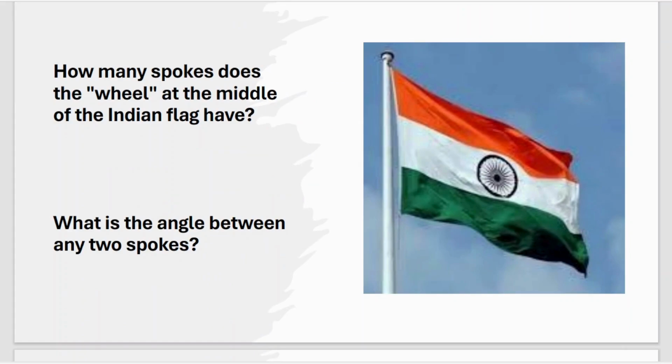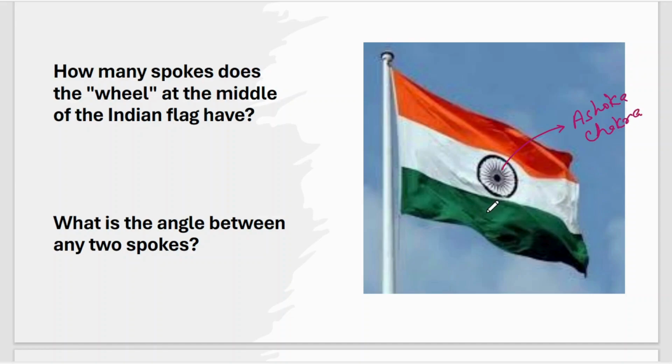Now I have a general question for you. How many spokes does the wheel in the middle of the Indian flag have? Do you know the name of this wheel that our flag contains in the middle? It is called the Ashoka Chakra. Okay, this is your Ashoka Chakra.